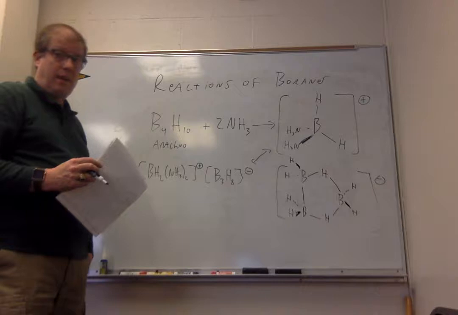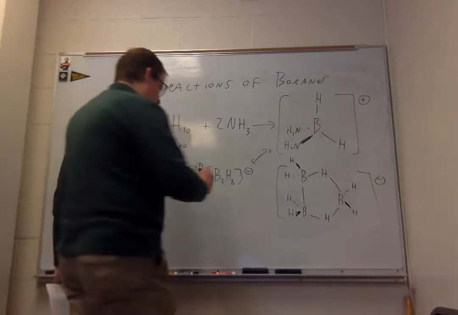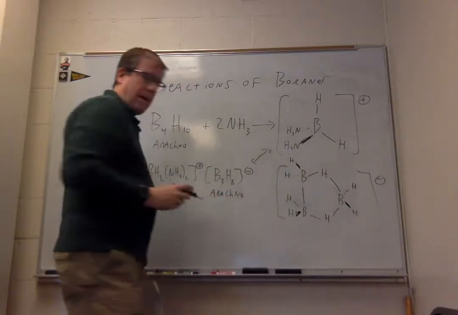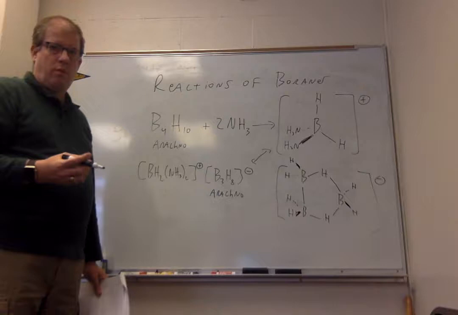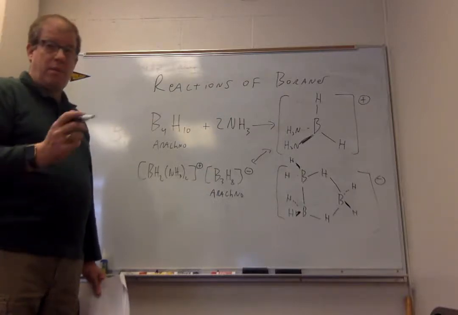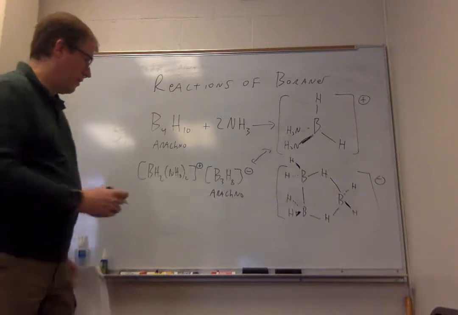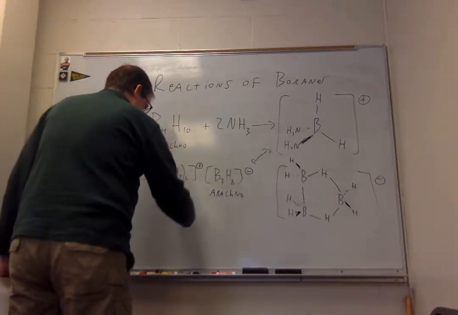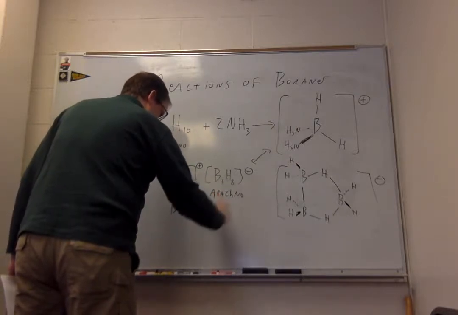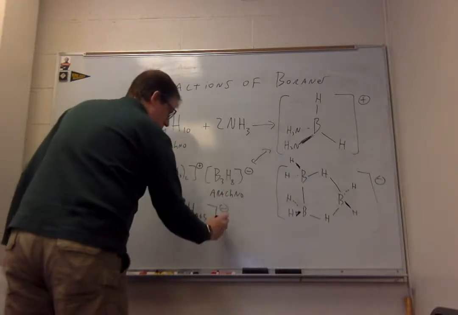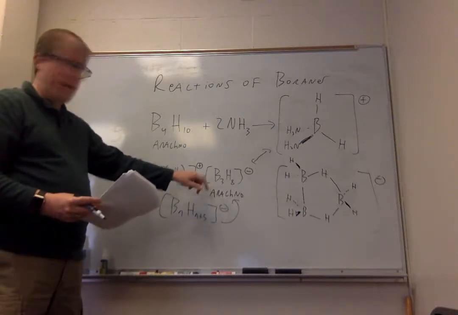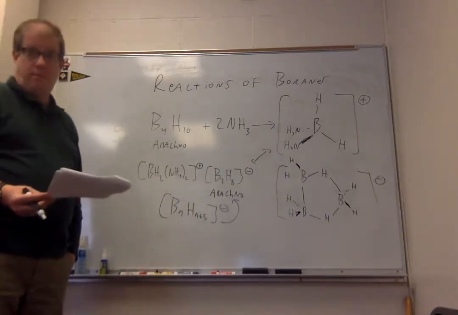And the answer is actually it's arachno, because if you go back to the last lecture where we were talking about the formula types, the general arachno formula is BnHn+6, but you could also have BnHn+5 minus, and if you note that formula of that product, the anion fits exactly with what we said.